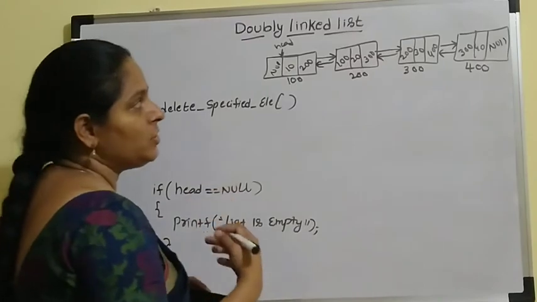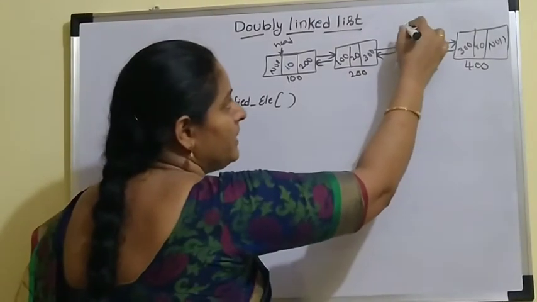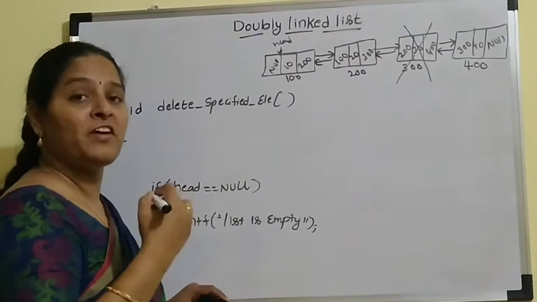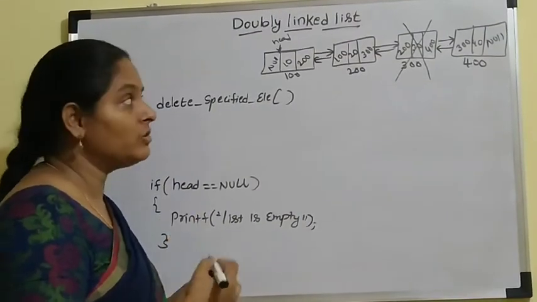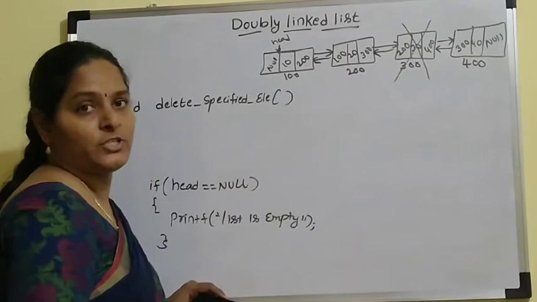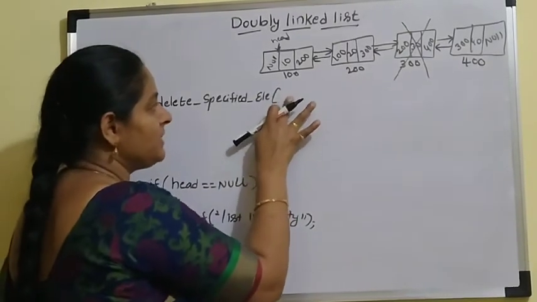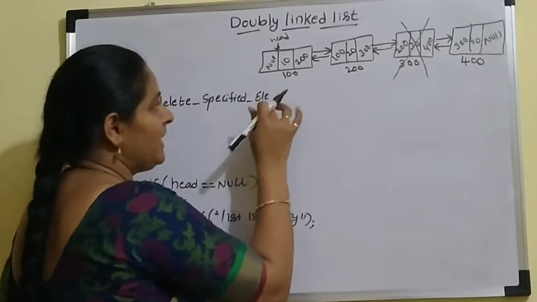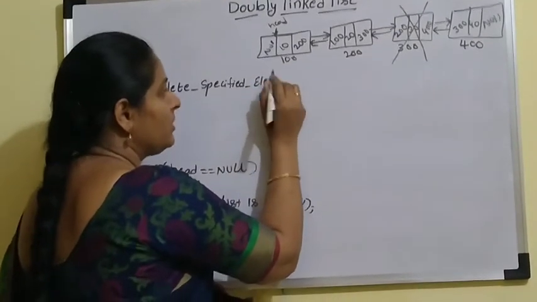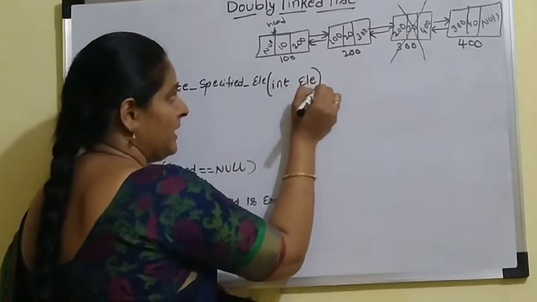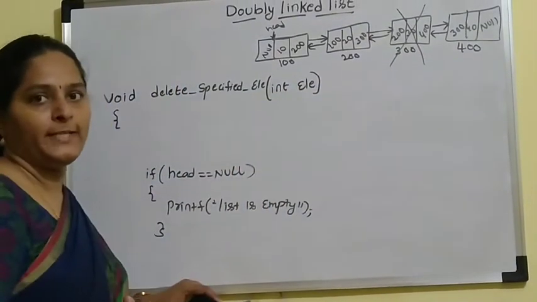Now I want to delete 30. First of all I need to find out the 30 element in the list. Whatever element I want to delete, I am taking that value from the user, or I am directly passing the element, what element I want to delete.